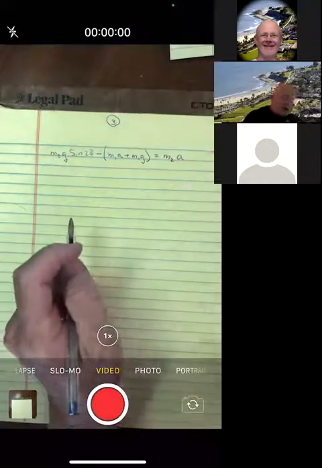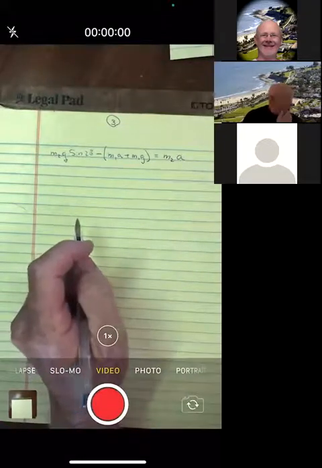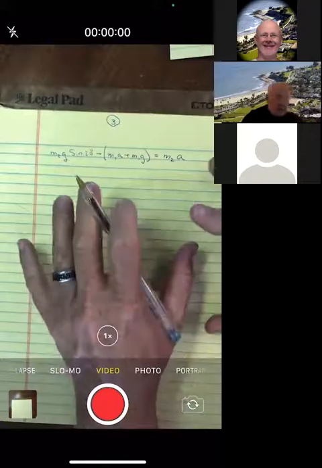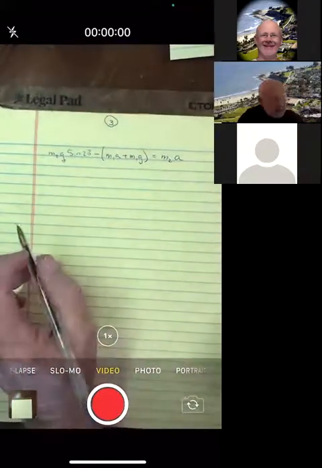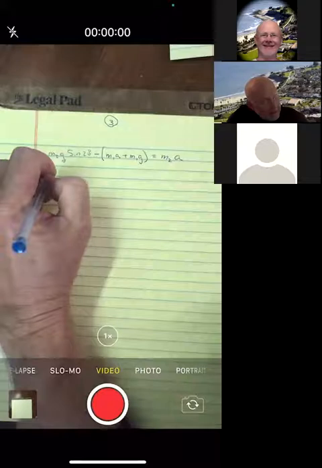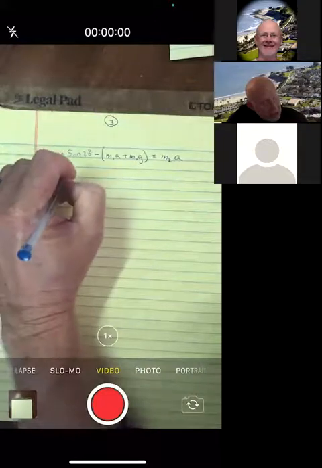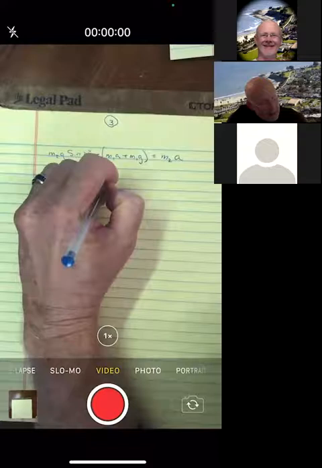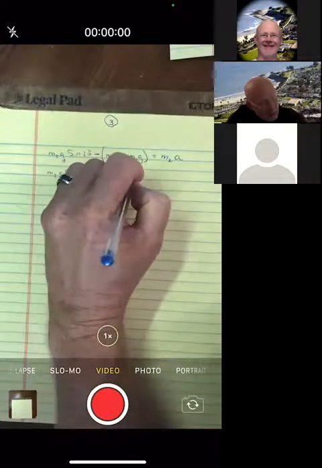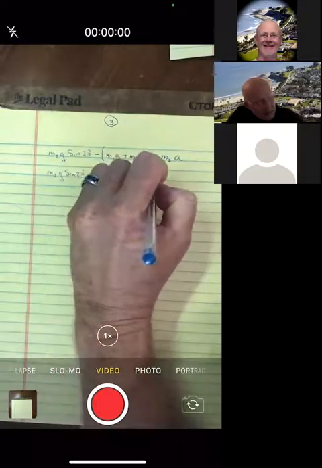You want A to be greater than 0. You want to know what tension is needed, what mass is needed, sorry, not tension. What mass is needed in order to make A positive. So I'll keep working here. This would be M2G sine 20 degrees minus M1A minus M1G equals M2A.